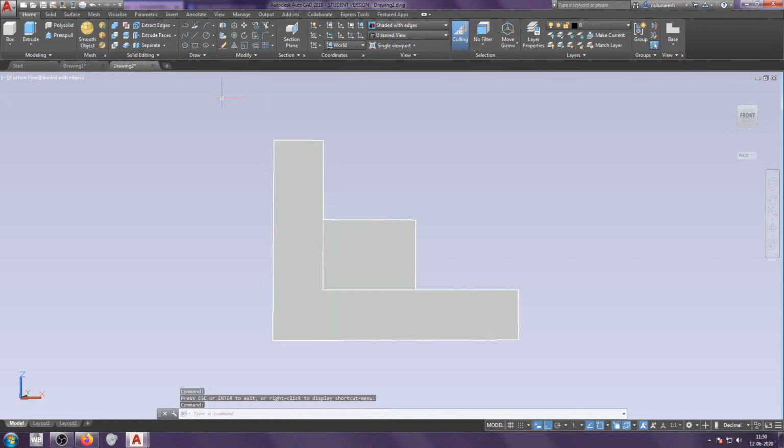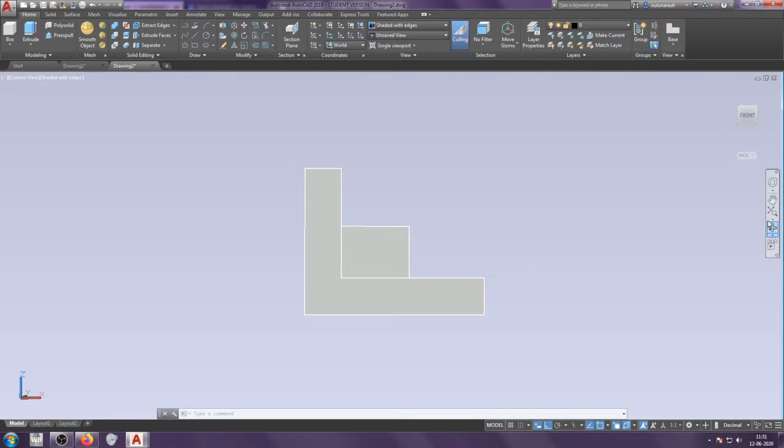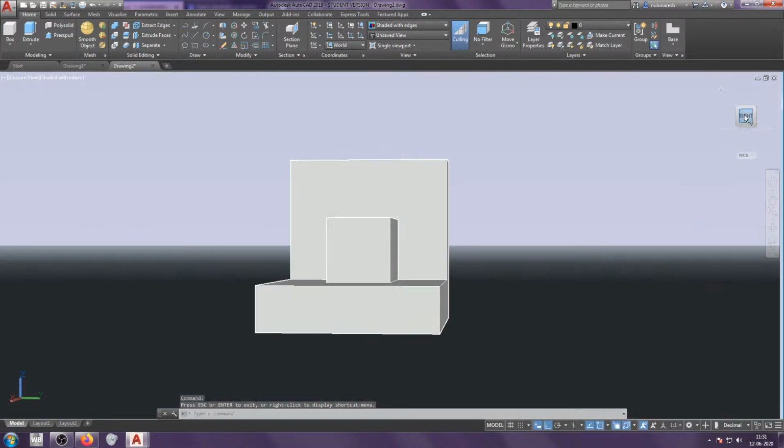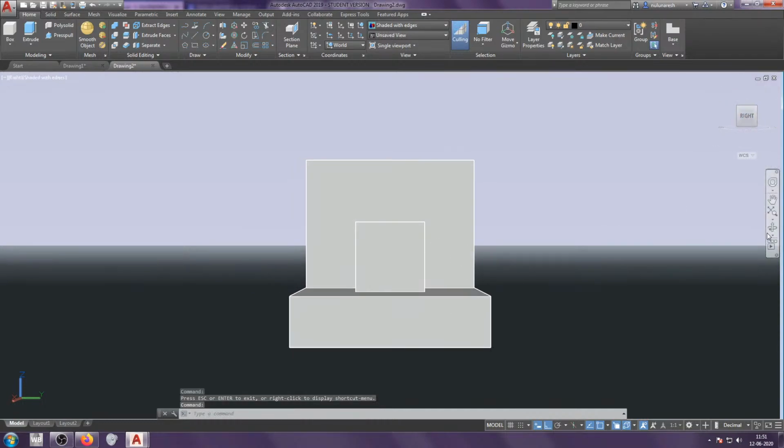So you guys should be able to imagine what the front view is going to be, how the front view is actually going to look like, and how the side view is actually going to look like. You guys should be in a position to imagine all of these while drawing. Now, if I rotate this one like this, that's the right side view, right?